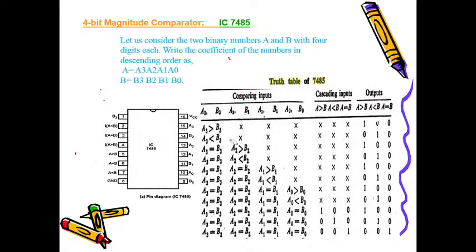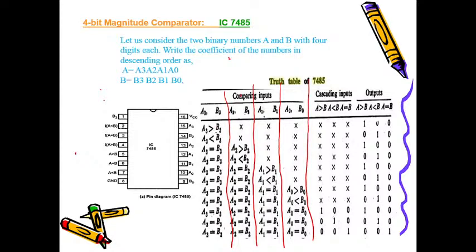Now this is how the columns have to be. First column is A3, B3. Next is A2, B2. This is how you have to write, comparing the inputs bit by bit combination.